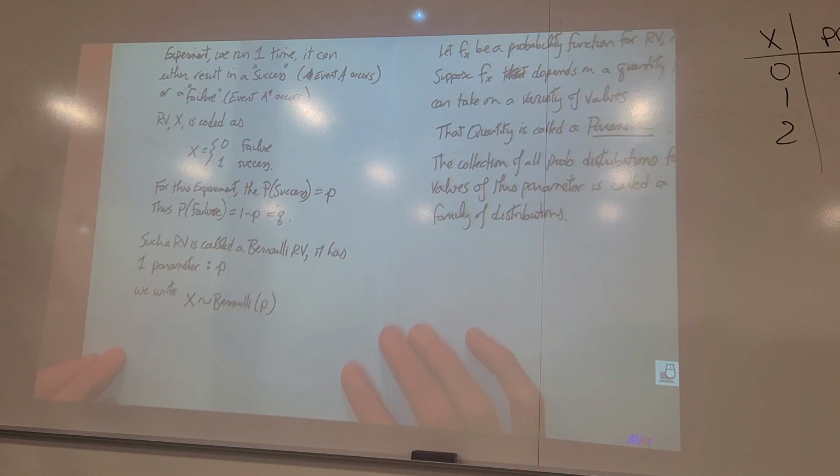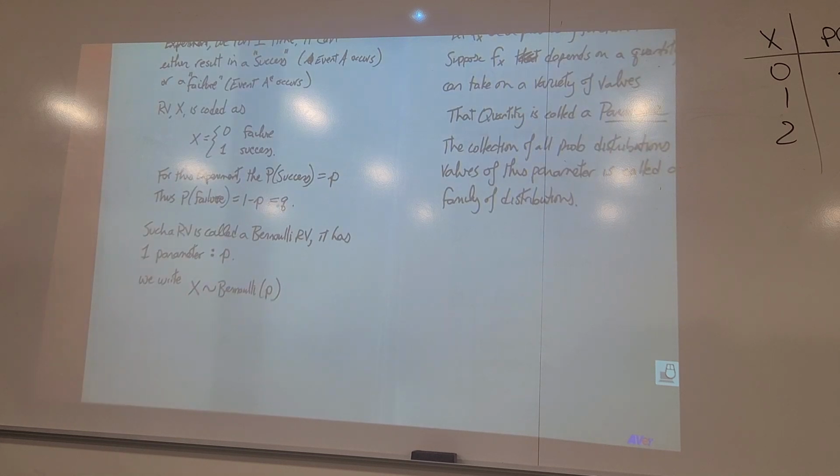Right? For instance, flip a fair coin, right? A success is defined as it lands on heads. So if it lands on heads, we say X is equal to 1. If it lands on tails, we say X is equal to 0, right?